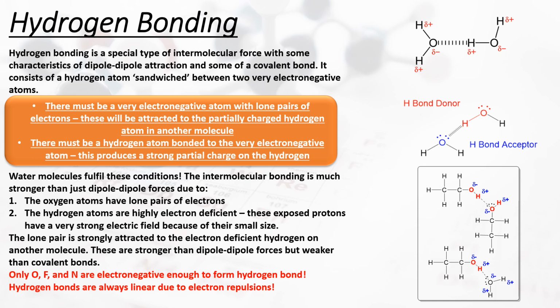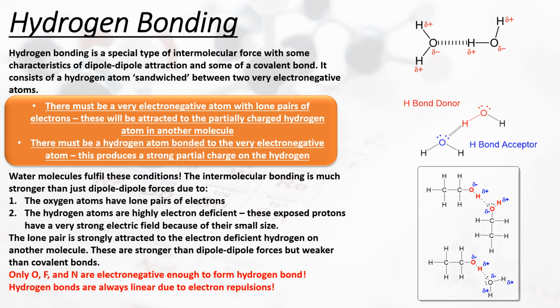Another example would be alcohols. At the bottom I've shown ethanol. Ethanol can hydrogen bond to itself. Again, draw out the partial charges, so delta negative on the oxygen, delta positive on the hydrogen. We need to show our lone pairs as well on the oxygen, and we're going to use one of those lone pairs to draw a hydrogen bond.